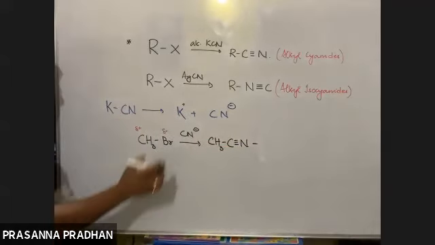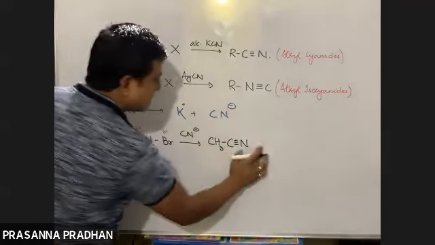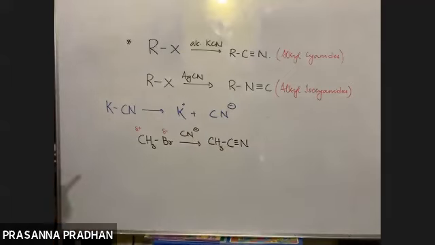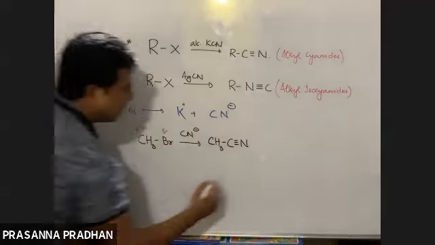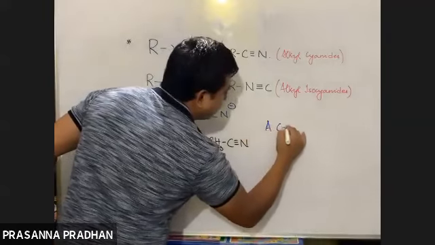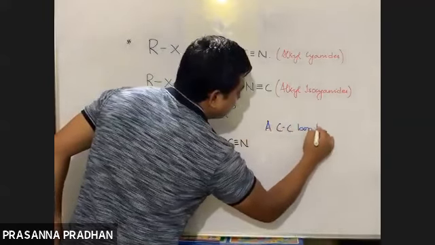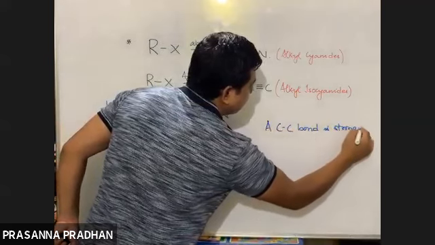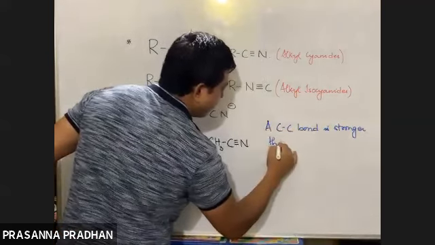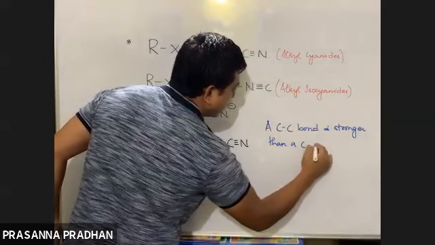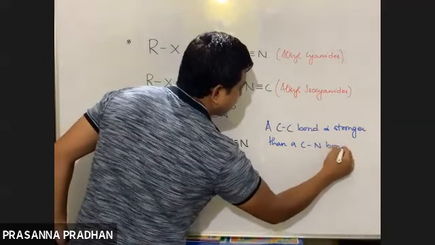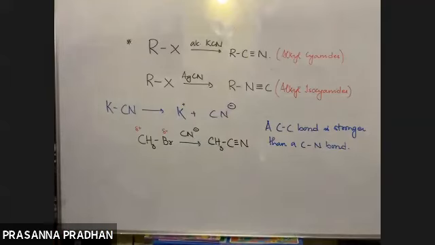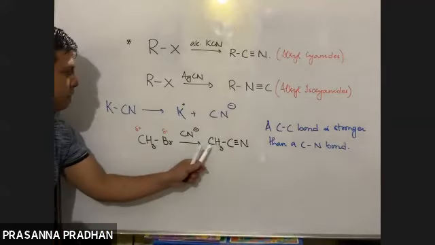Although both the carbon and nitrogen ends are free, a carbon-carbon bond is stronger than a carbon-nitrogen bond. That is why a carbon-carbon bond is formed.